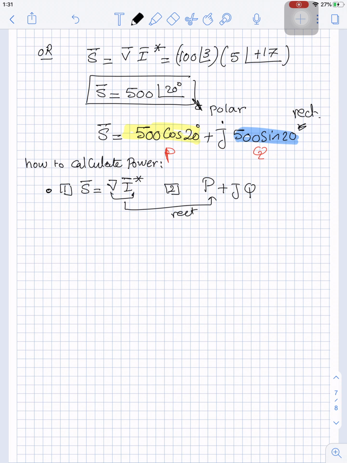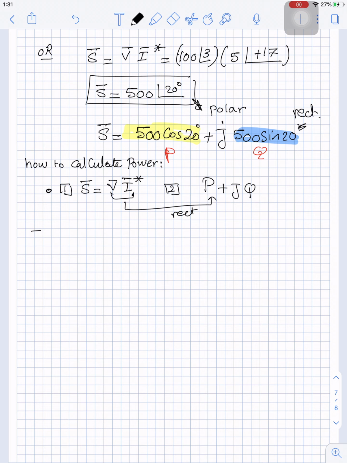I start by saying S equals V I conjugate, and once I have S, I put it into rectangular form, and now I have P and I have Q. Is this clear up to this point?